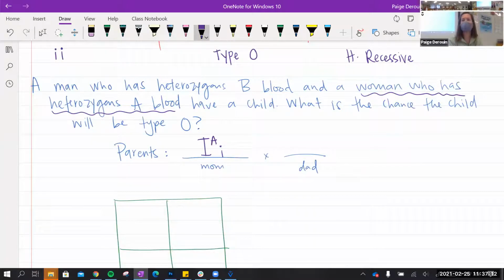It's really important to not ever use lowercase a's or b's because you'll get confused. The A's and B's are always capitalized because they're dominant. And then dad is heterozygous B, so he's I capital B, small i.